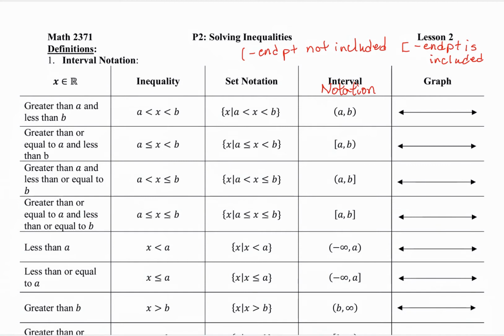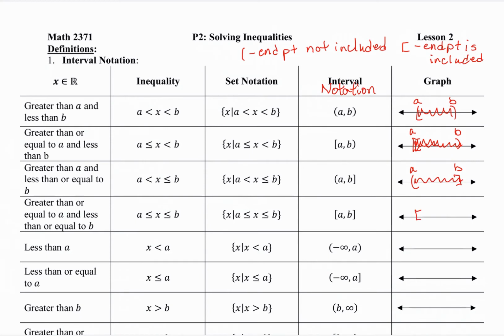All right, and this is how you graph it. So you're going to have A to B, where this is A and this is B. If I include A and B, then it's going to look like this. And the squiggle is the region that it is. If I do not include A, but I include B, then it should look like this.